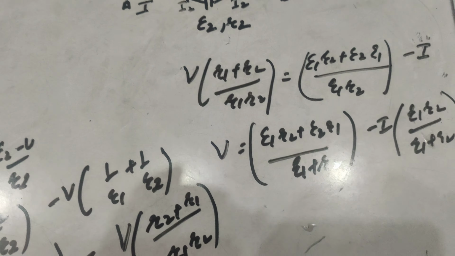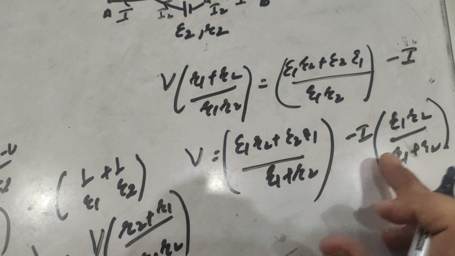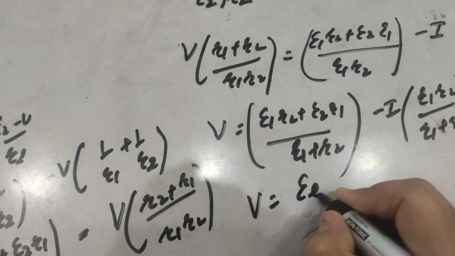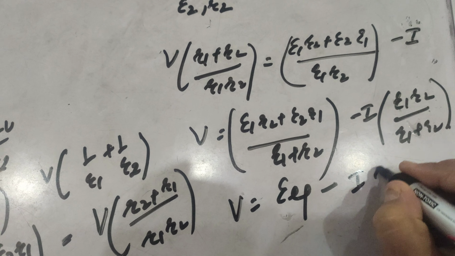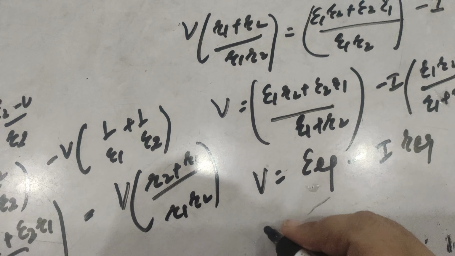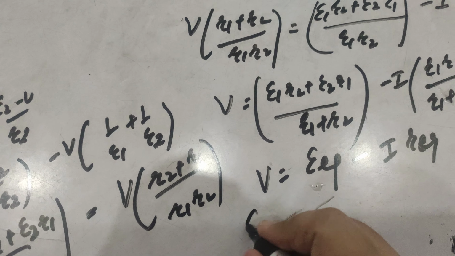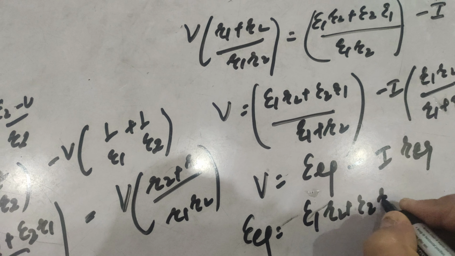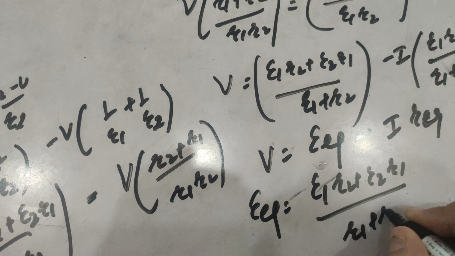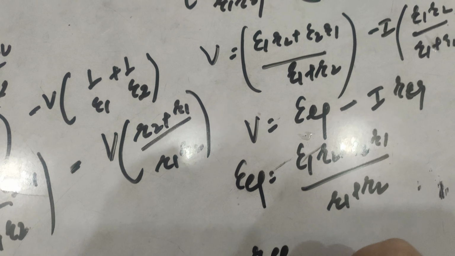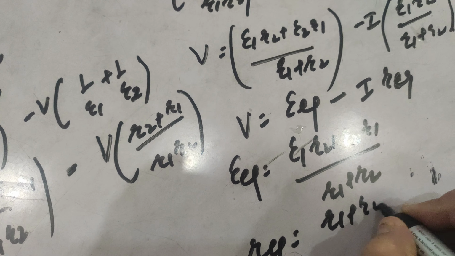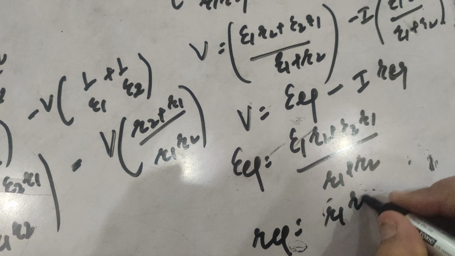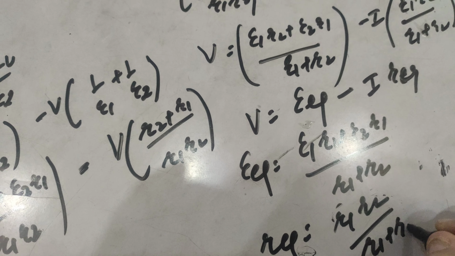Now when we compare this equation with the general equation V is equal to E minus I R, it means V is equal to E equivalent minus I R equivalent. So we can write E equivalent is equal to (E1 R2 plus E2 R1) divided by (R1 plus R2), and R equivalent is equal to R1 R2 divided by (R1 plus R2).